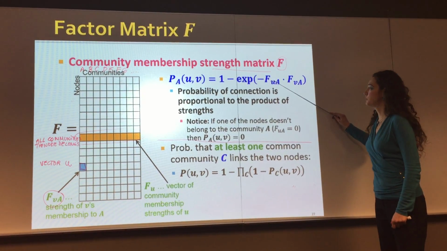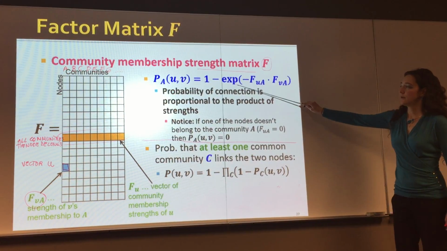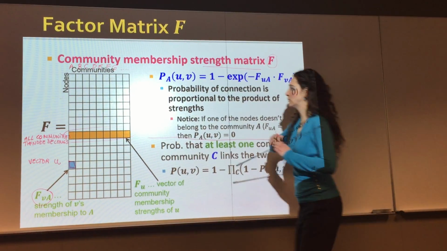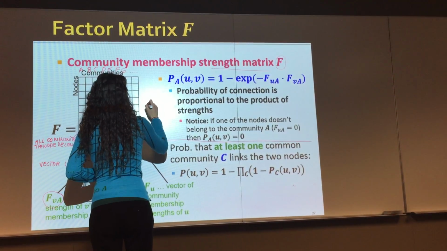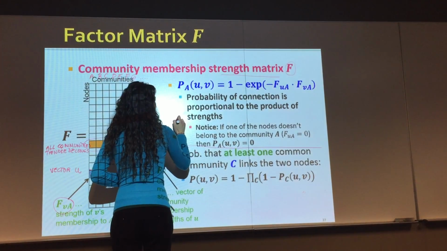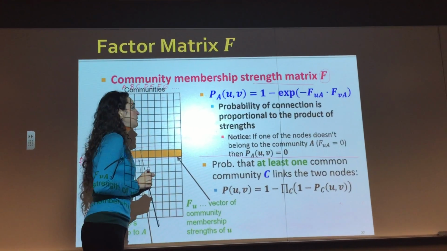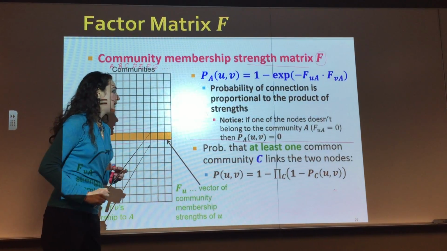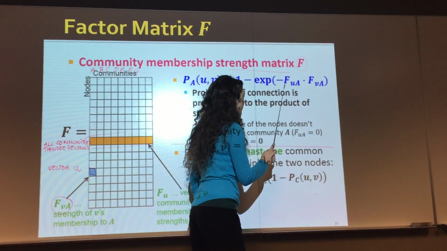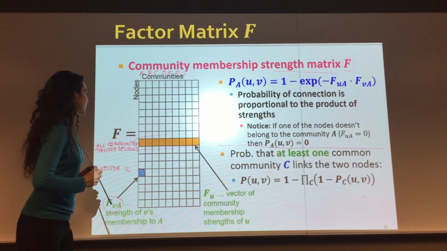Well, we're just going to multiply the factors for each of the communities that you belong to and take the exponent of that. That is the formula. That is for a single community. So if two students are part of the same community, one community, then the likelihood is we will take the exponent for the two nodes and their factors for that particular community.